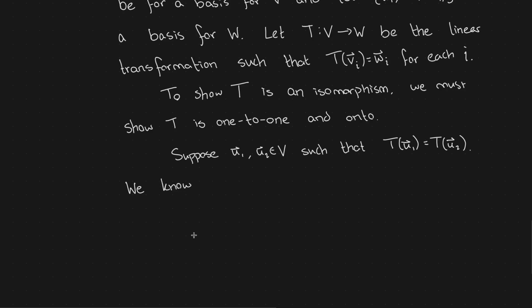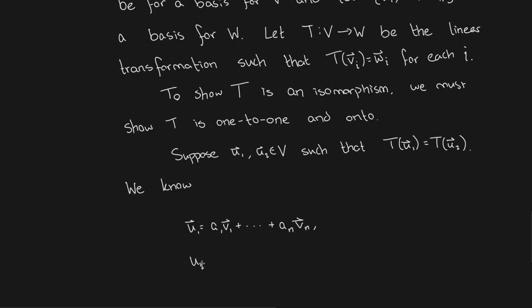We know that u1 can be expressed as a linear combination of the basis vectors in vector space V. So a1 v1 plus ... plus an vn, all the v's in the middle, okay?